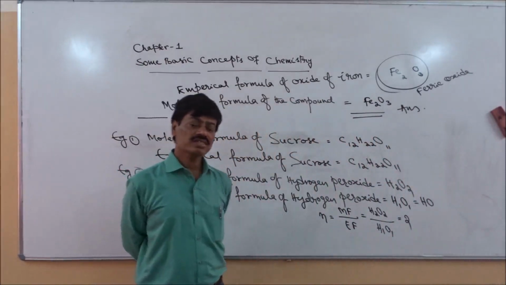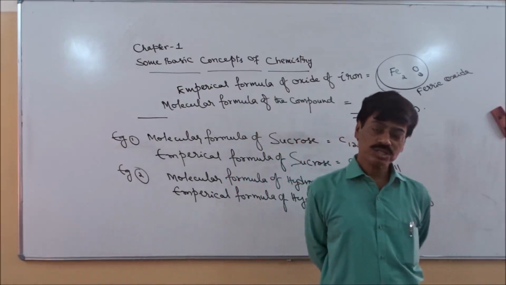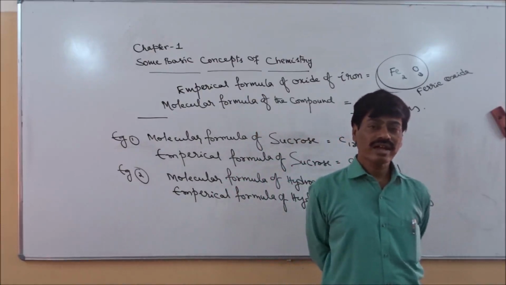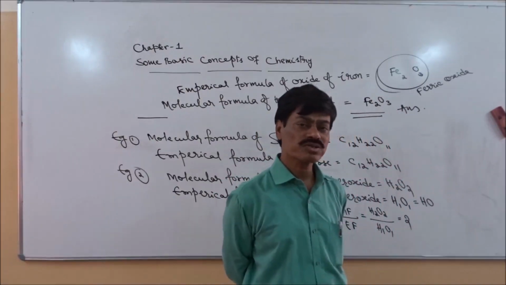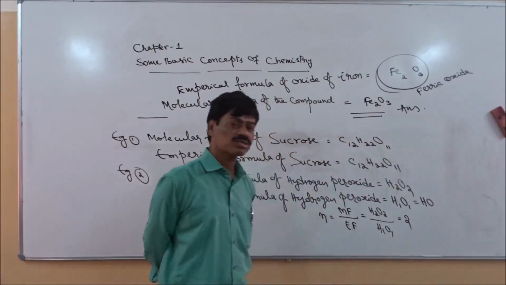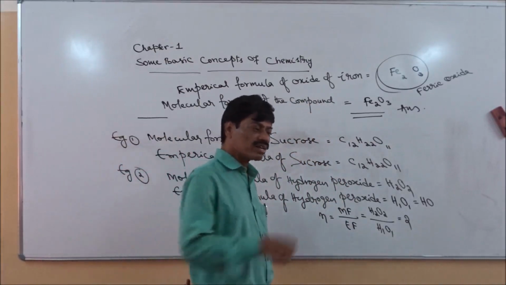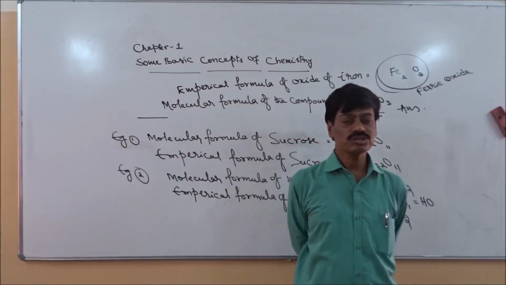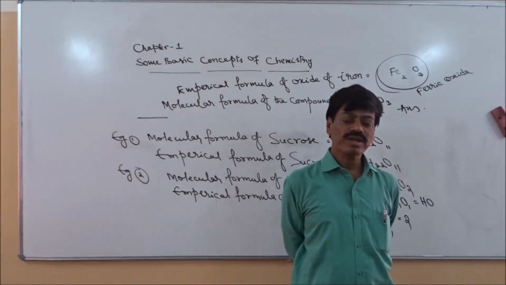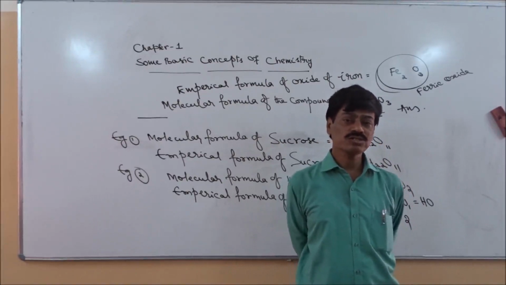That 6 is to 12 is to 6 can be further minimized to C1H2O1. That is the empirical formula of glucose. Same way, if you take hydrogen peroxide, H2O2, the number of hydrogen and oxygen atoms can be minimized to 1:1 from 2:2. Therefore, the empirical formula of hydrogen peroxide is HO.